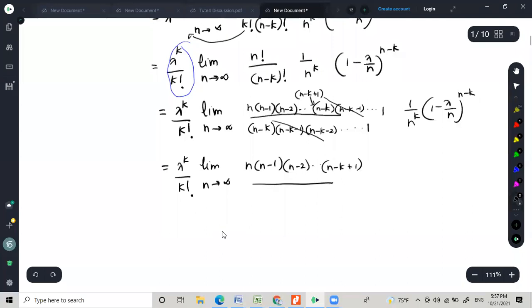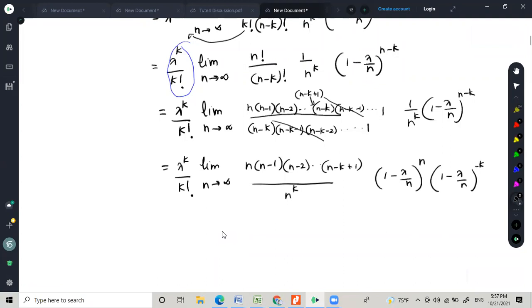And then this n to the k, I'm going to write it there. And the rest, what do we have? Again, I'm going to write this n separately. You can do that, right? Minus k separately. It's the same thing. N minus k, I split it into the power n and minus k. Is it clear up to this point? Up to this line, is it clear?